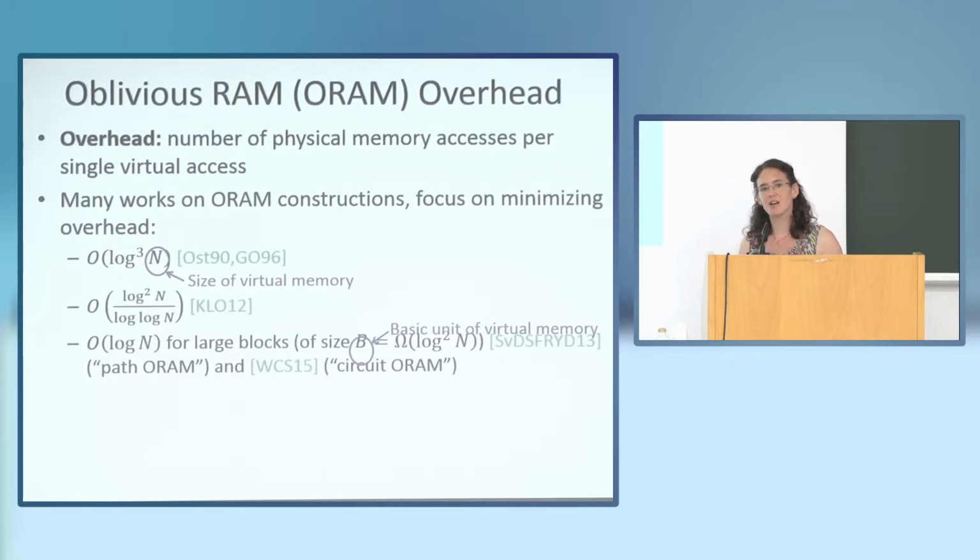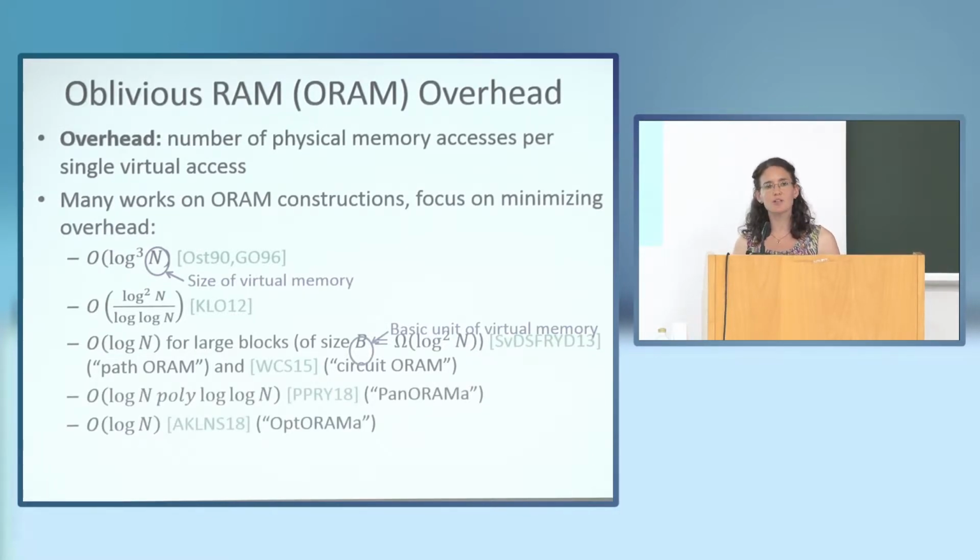But with a caveat, which is that they obtain this overhead if the virtual memory has a sufficiently large block size, which is the basic unit of the virtual memory of the database. And then recently, last year, in two works, this caveat was removed. So finally, we have this work from last year called OptORAMa, which obtains log n overhead with no caveat.